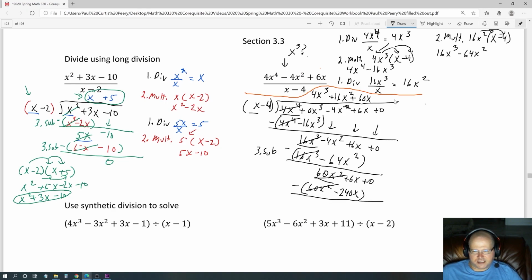And then we would do subtraction. 60x squared minus 60x squared cancels. 6x minus negative 240 is the same as 6x plus 240, which would give me 246x plus 0. And then we would divide 246x by x, which just gives me 246. And then we say 246 times x, which gives me 246x.